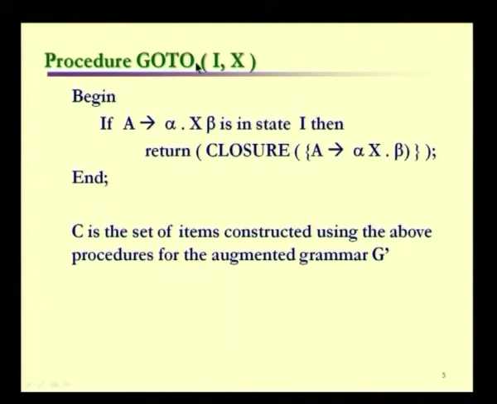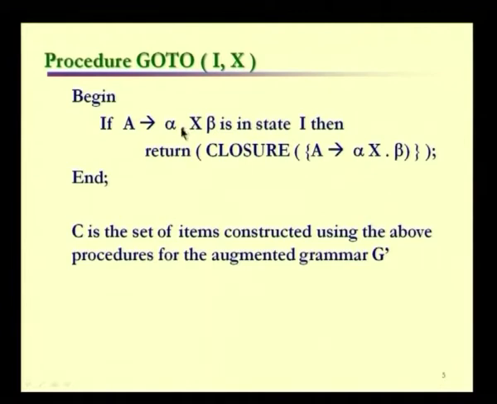So, when do we get an empty set as the outcome of goto of I comma x? We are looking for an item of the form A derives alpha dot x beta. If dot is followed by a symbol, definitely the closure is not going to be empty.